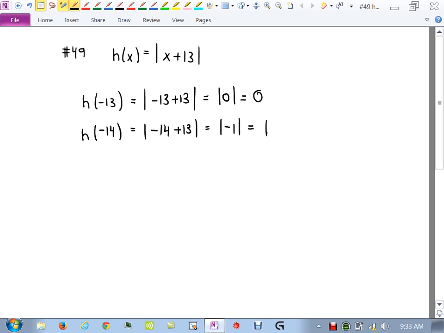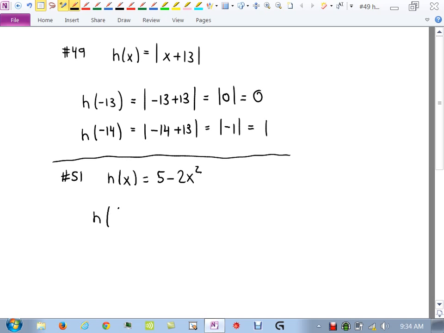Okay, 51. Okay, so 51, the function was defined h of x is 5 minus 2x squared. And you want the second one, h of 3/4? All right, so fractions, of course, are something we don't really care for too much, right?